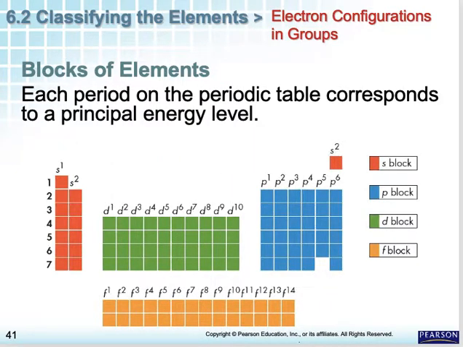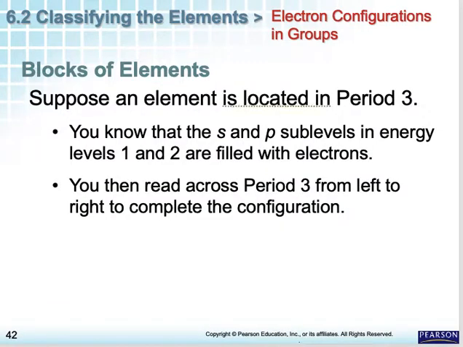Each period in the periodic table corresponds to a principal energy level. That's what n is equal to, 1 through 7. Suppose an element is located in the third period. Now you know where to look on the periodic table for it. Levels 1 and 2 are filled with electrons. You move across the third period from left to right, and we could find a particular element.